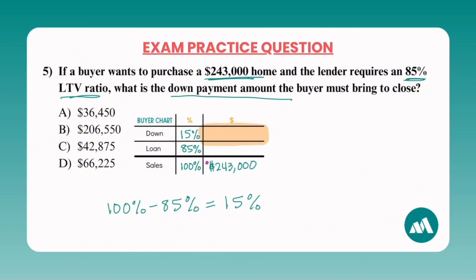And now all we have to do is multiply 243,000 by 15% to get the down payment amount. So $243,000 times 0.15 equals $36,450. So that is my down payment amount. So the answer here is A.